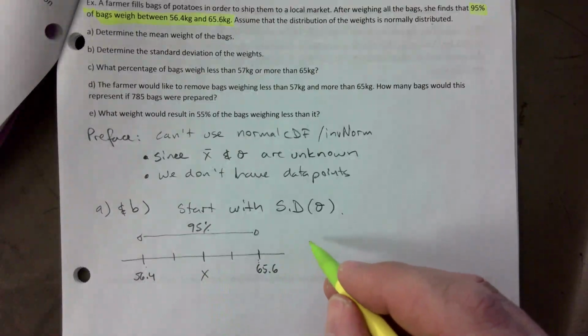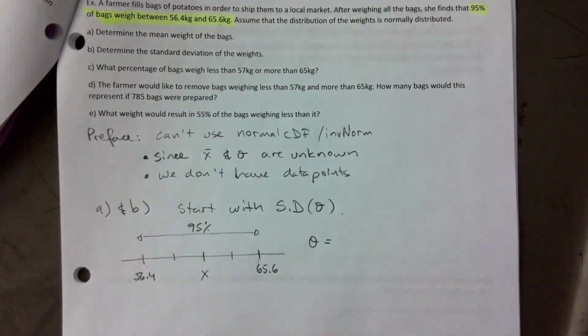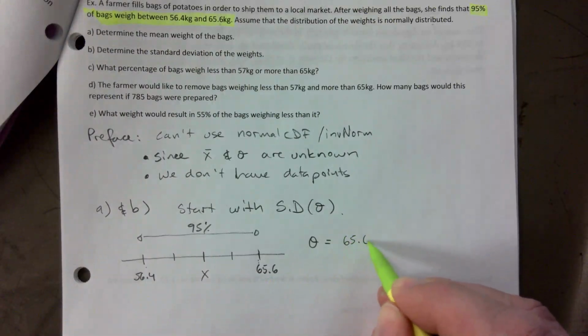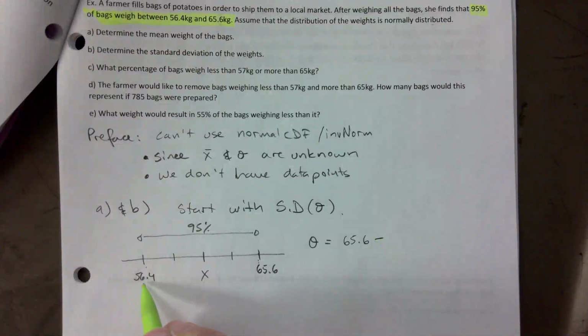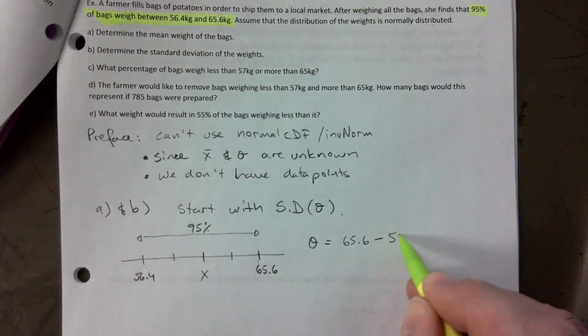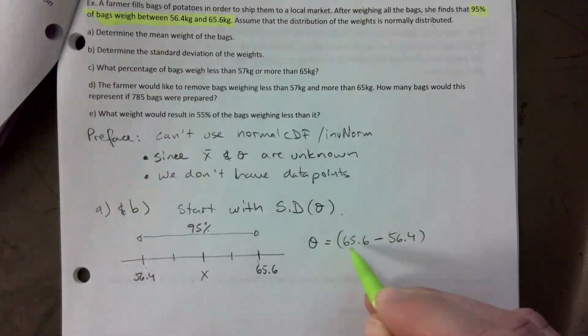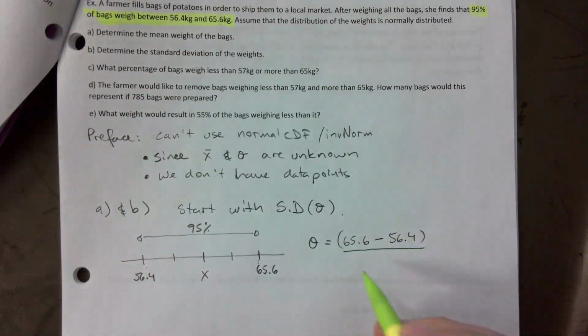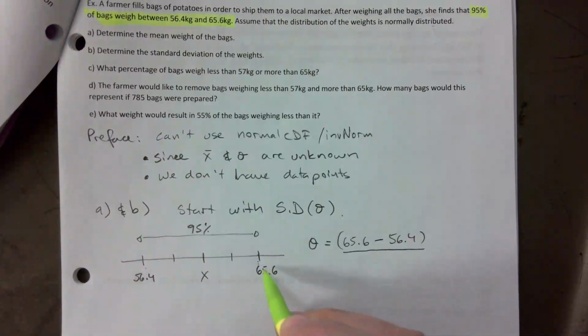Okay. So standard deviation using my formula is the upper value, which is 65.6, minus the lower value, the lower weight, divided by, what's the z value of the z-score of the upper value in this case? What's the z-score for this one? 2.